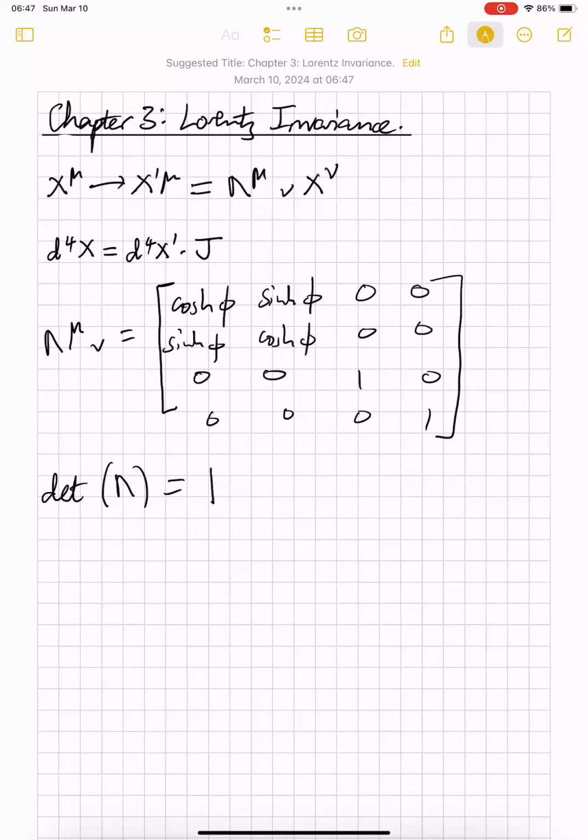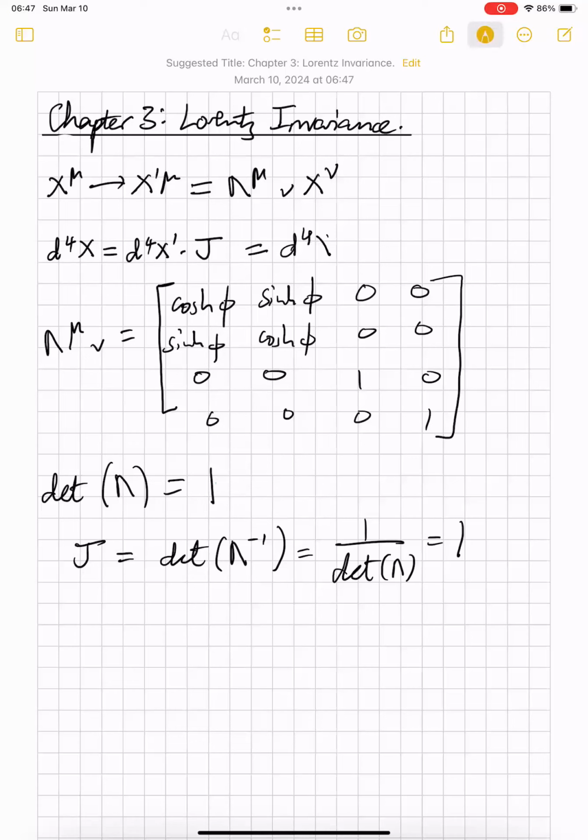So the determinant of Λ is equal to 1. The Jacobian is the determinant of the inverse of Λ, which is 1 over the determinant of Λ, and that's just 1. So that means, and this is something that we in fact already argued for a bit earlier today, that d⁴x is actually a Lorentz invariant measure.